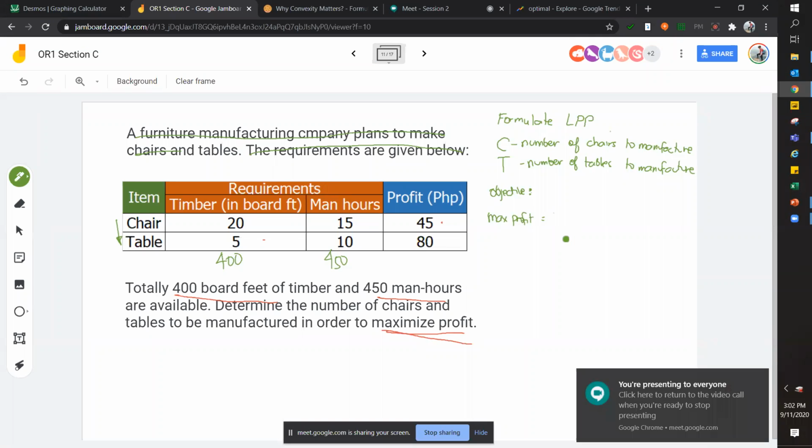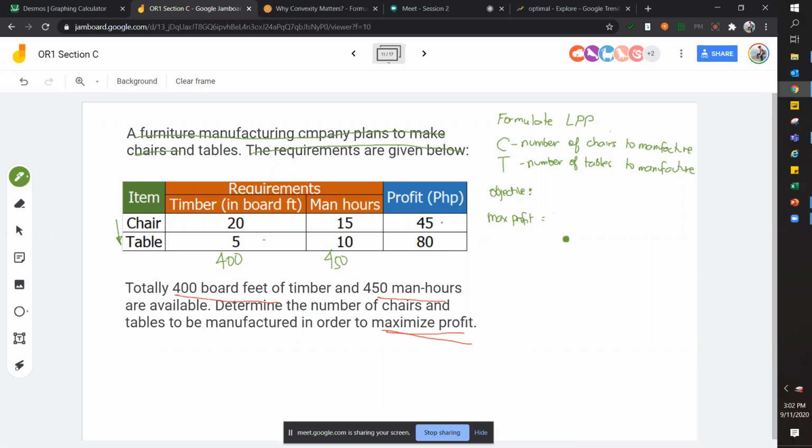Okay, Sir Viray. Try natin to. Ano po ang maximum profit natin? Kahit ako na po magsulat, pasabi lang po.